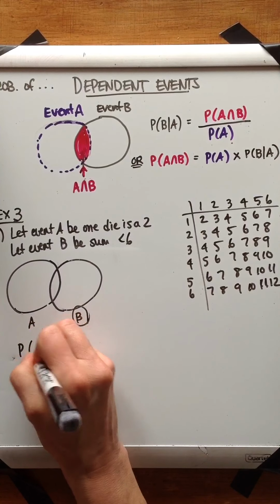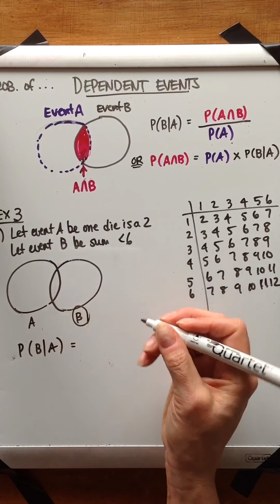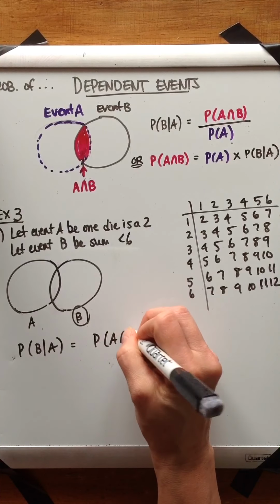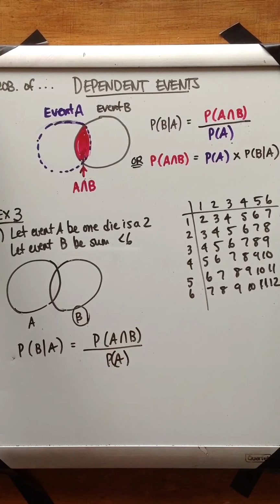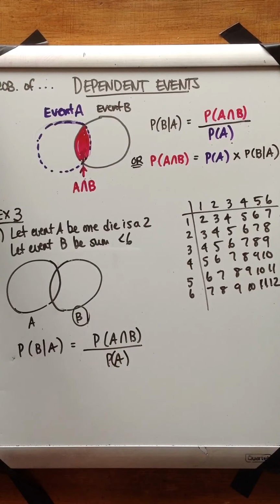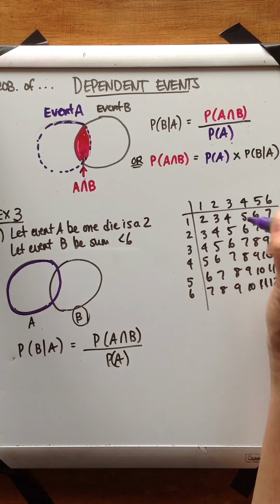So our equation, the probability of B as it depends on A, is equal to the overlapped area between them, the probability of that area, over the probability of event A itself. So let's go back to here and identify where all of the A events are, where one of the dice is a 2. We did that similarly in the previous example.